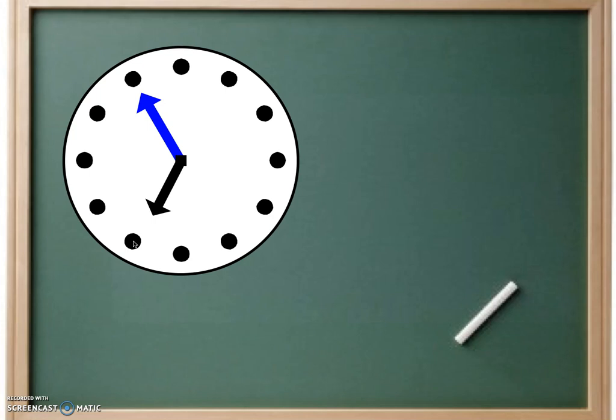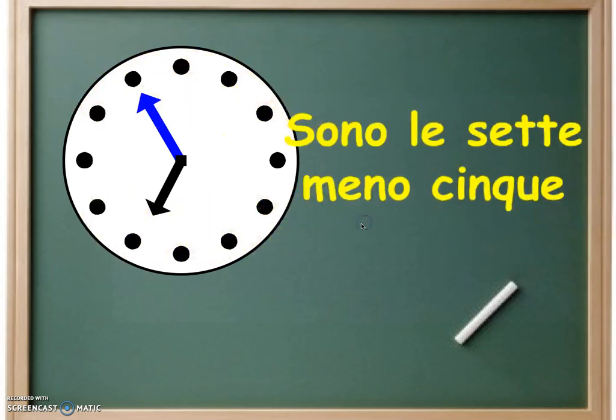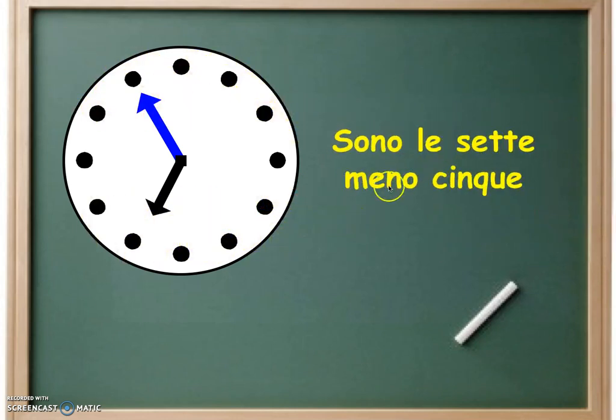Now, from 6:55 to 7, how many minutes is that? 5, right? So we would say sono le 7 meno 5. It is 7 o'clock minus 5. 7 o'clock minus 5 is 6:55. Again, with more practice, you will understand this a little bit better. It is 6:55.